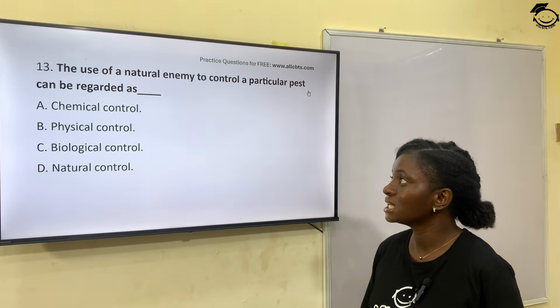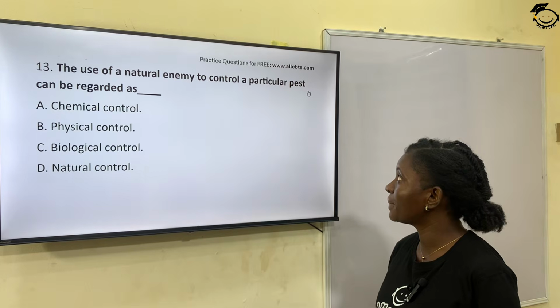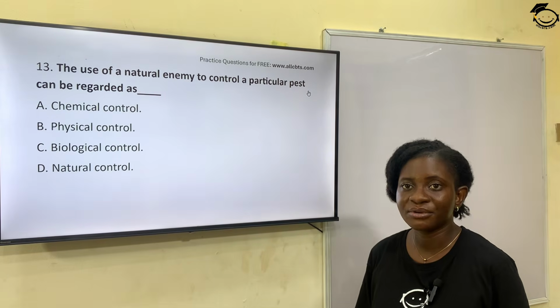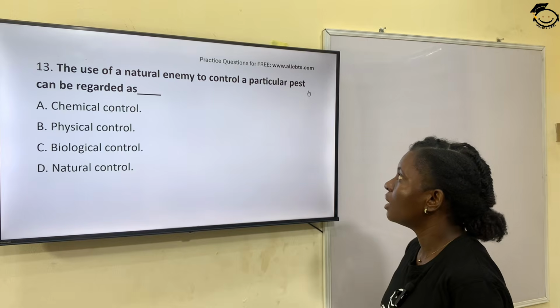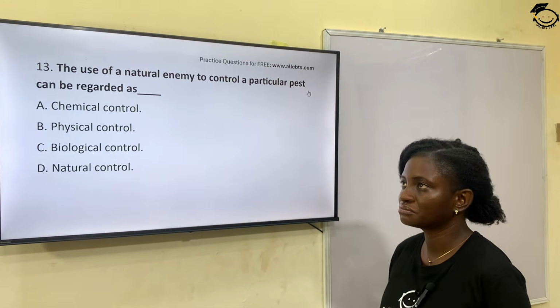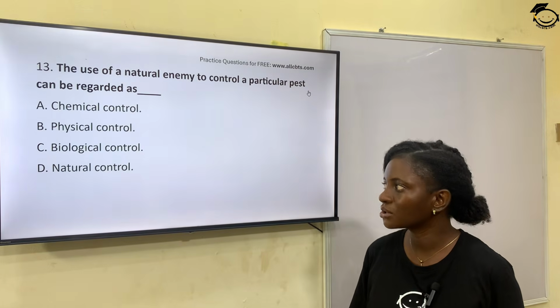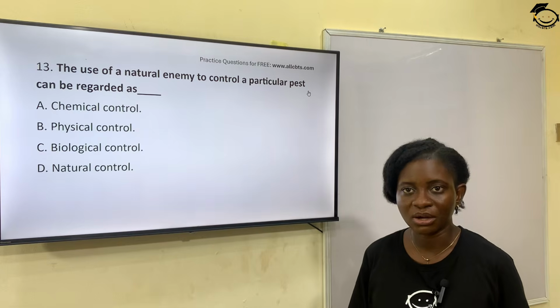Question 13. The use of natural enemy to control a particular pest can be regarded as, when you want to control, there are different forms of control strategies. We have the chemical, we have the biological.